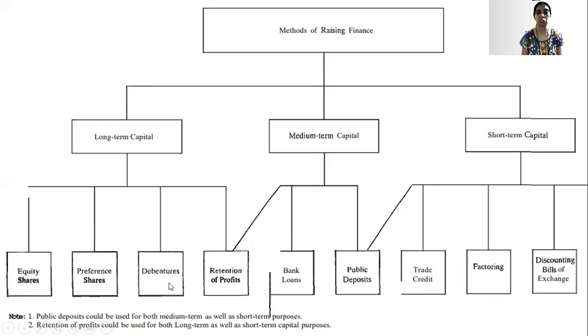Only retention of profit and public deposit have a connection between different terms. Retention of profit is also termed medium-term capital. Public deposit can also be termed medium term, even short-term capital.